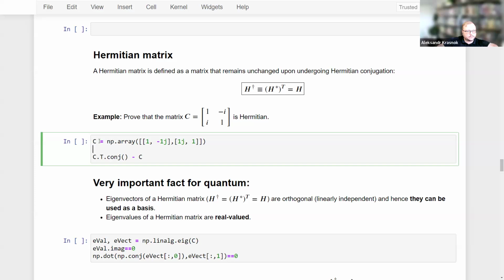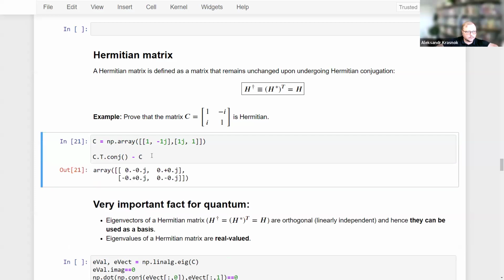Let us check that. I write this matrix here, and then you can apply .T, which is the method for transposition. We discussed that probably last time, right? And conjugation for this matrix. Then I subtract the same matrix, so the result will be the zero matrix.